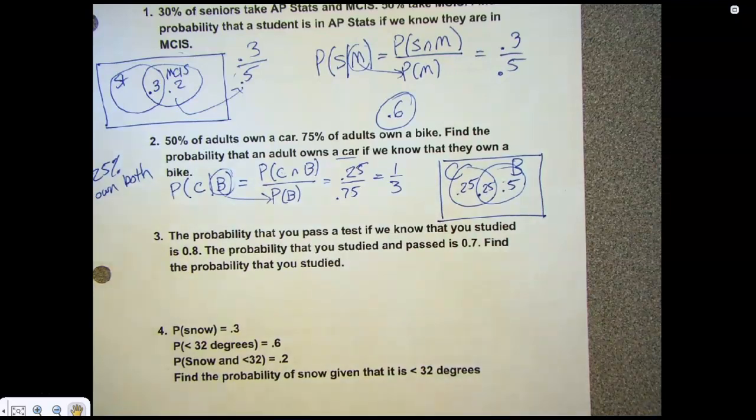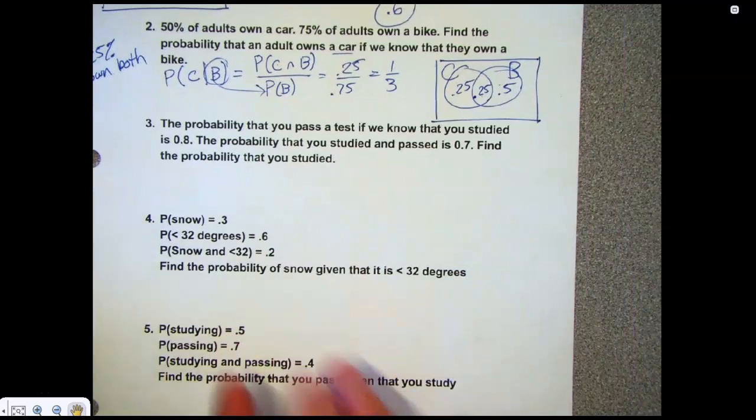But if you look at number 3, the Venn diagram sucks. So read through that one. So sometimes the formula is way easy. Because if you try to make the diagram, you kind of get stuck.